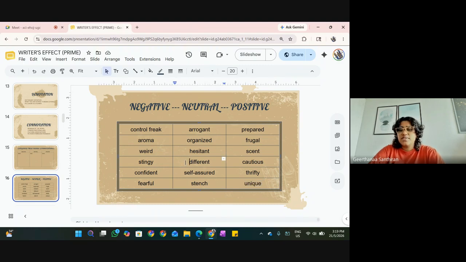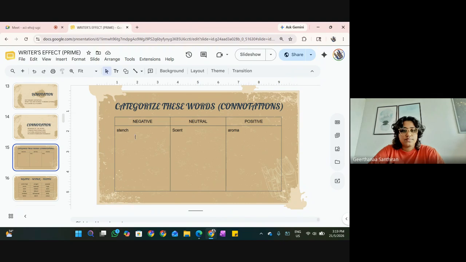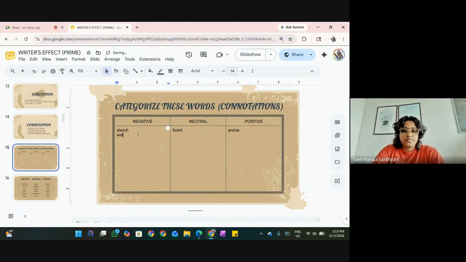But if they're trying to be on the fence, they would say, "Oh, you're different." But if they love what's different about you, they'll use this word, unique, right? So then it'll be weird, different, unique.